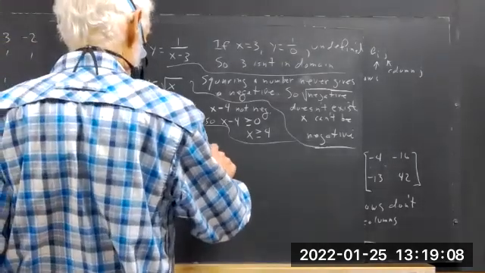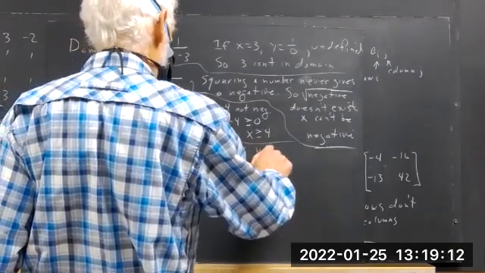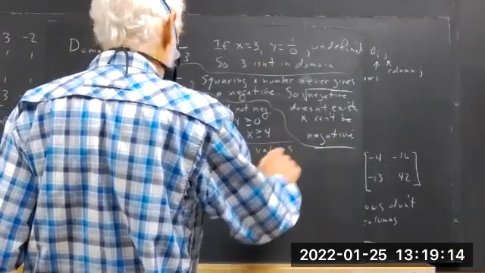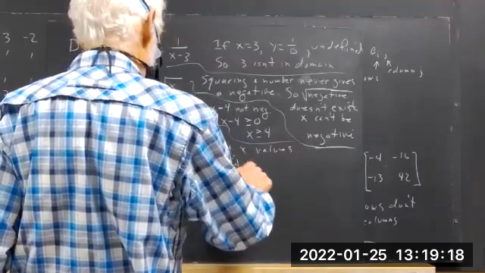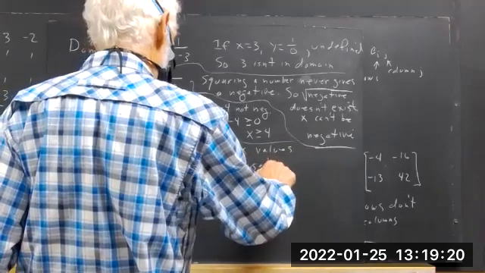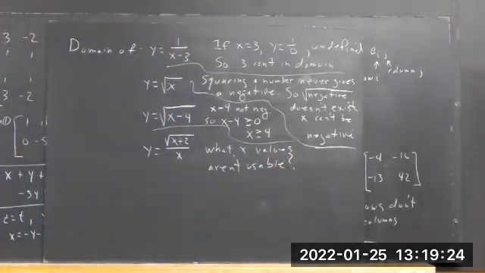What x values aren't usable? What x values can't you plug in here and expect to get a real number result?